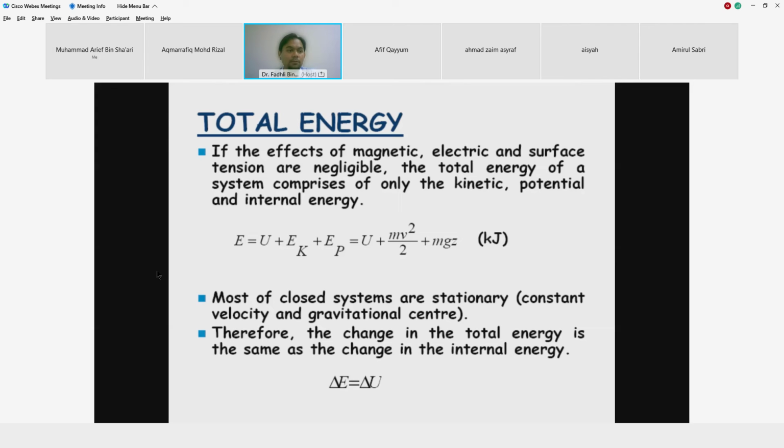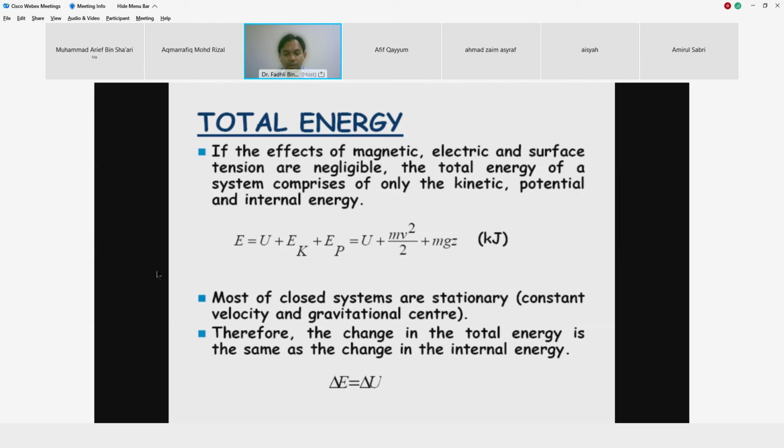Constant velocity means at point number 1, the velocity is 10 meters per second, and at point number 2, the velocity is still 10 meters per second. This is a constant velocity. So our room is moving from point 1 to point 2, and the level is at sea level.